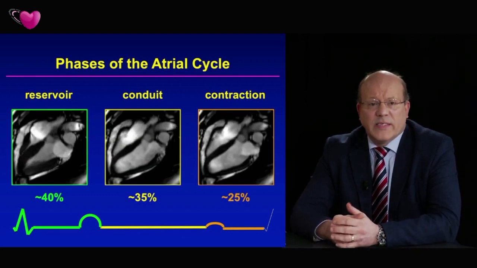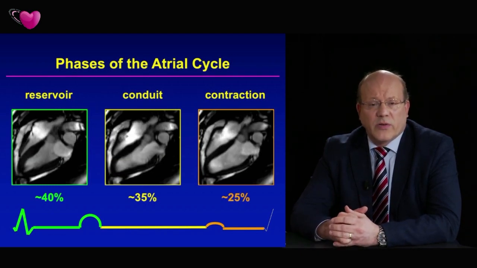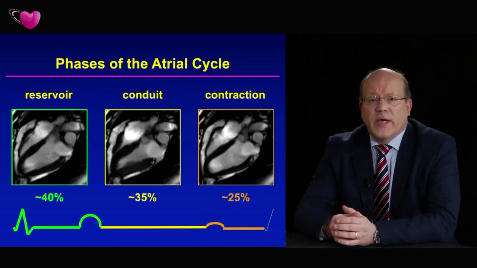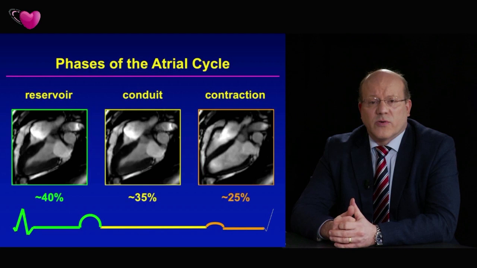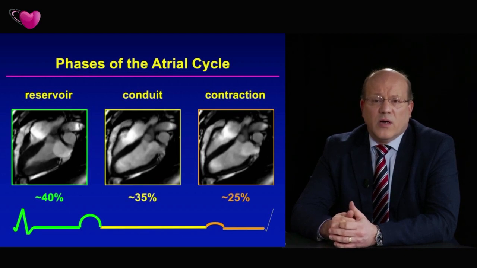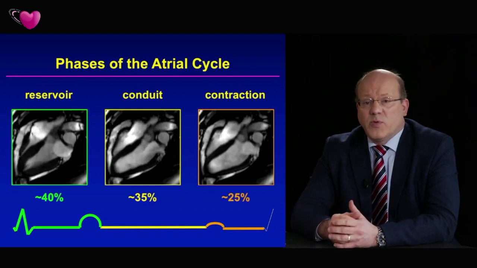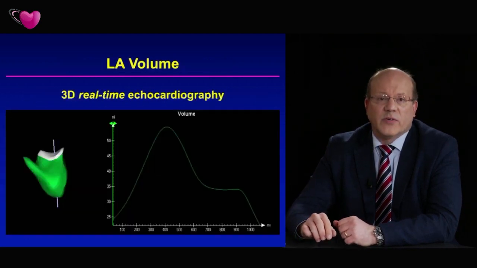In the reservoir phase, it's about 40% of the volume, and this is emptied during the early diastole, plus on top a certain amount of volume that just goes through the atrium, which is around 35%. And during the contraction phase, we have another 25%, so 1/4 up to 1/3 of cardiac function is dependent on this booster pump function of the left atrium.